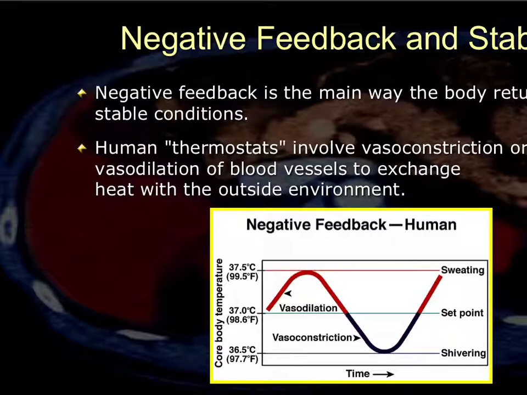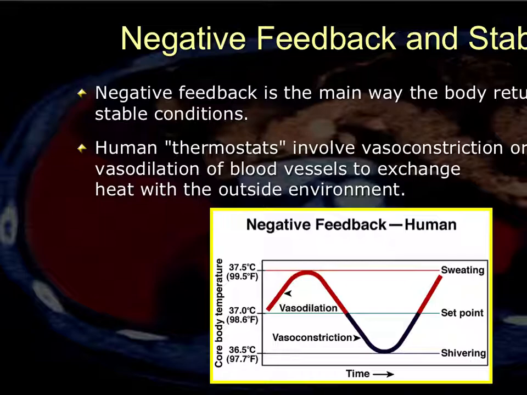From this picture, do you see something else that happens when your body temperature increases? We're up here, we start this process. Vasodilation. Anybody know what that means? Blood vessels expand. Right, blood vessels expand.